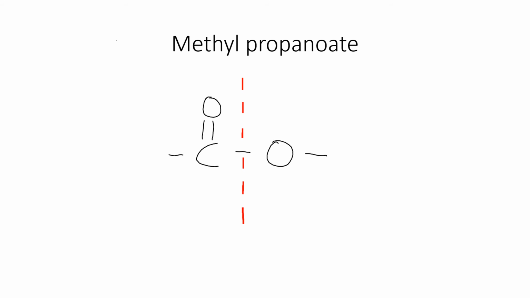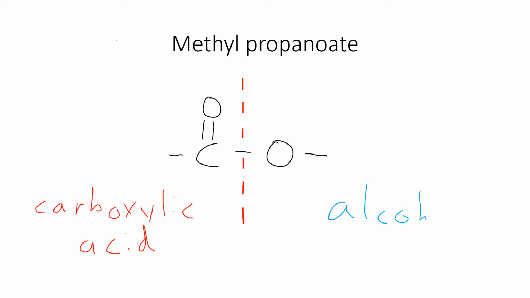The side with the C double bond O, remember, is our carboxylic acid side of the molecule. The side with the oxygen is going to be our alcohol side of the molecule. So now we take the pieces of the name and do what we need to with that for the structure.